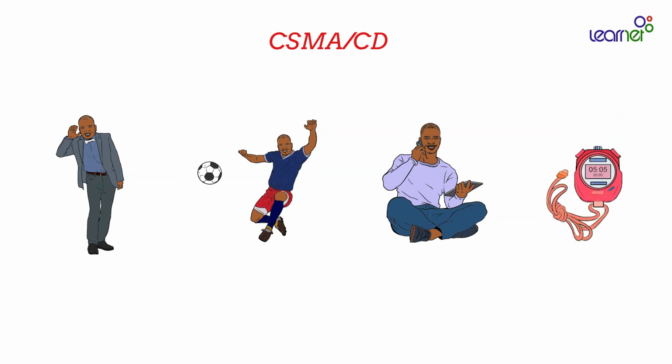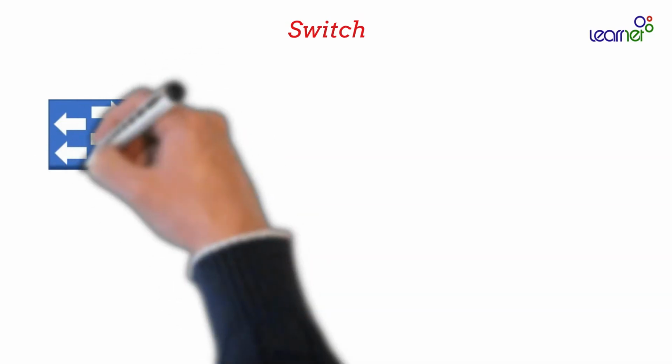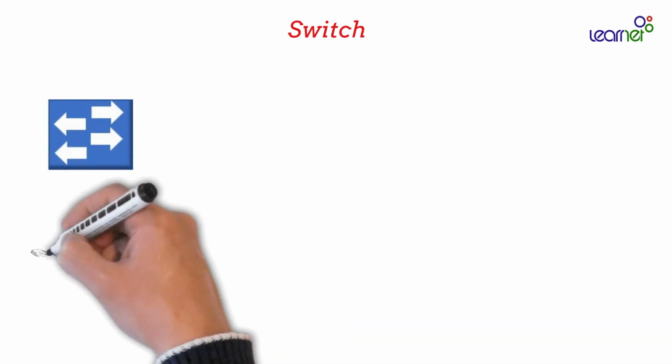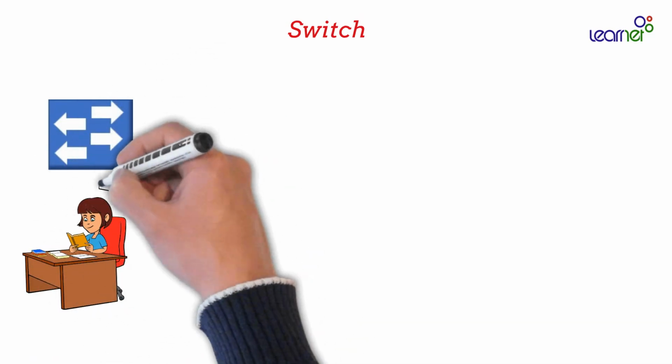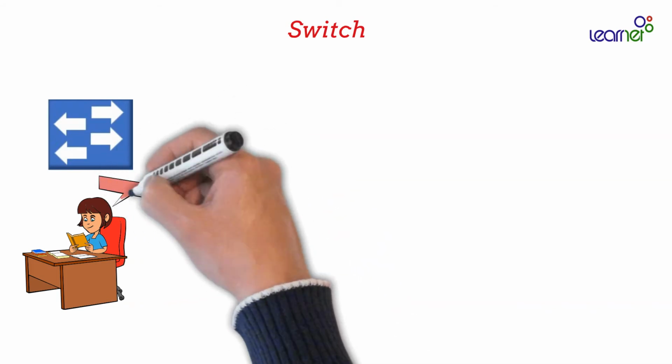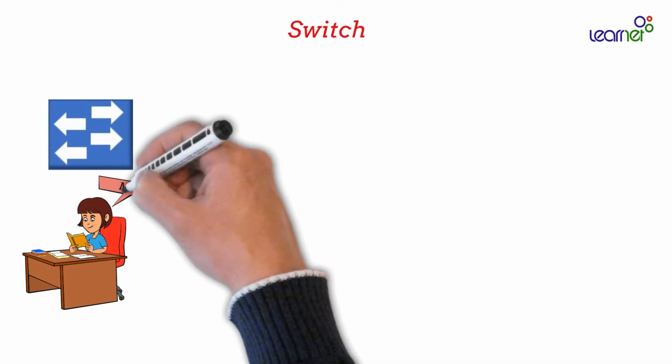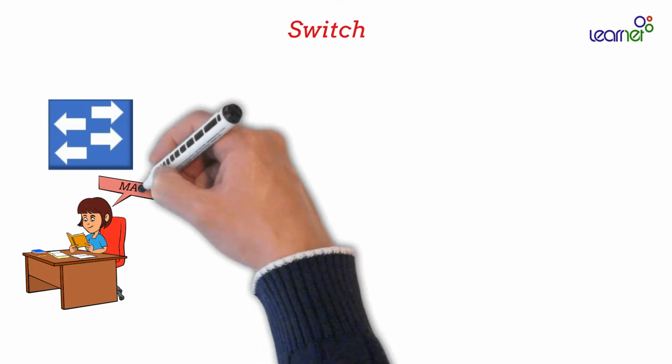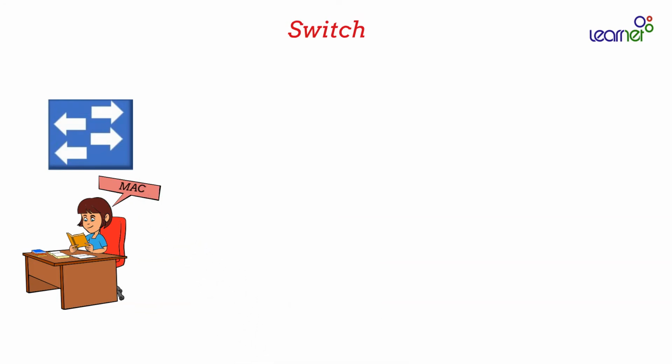The switches brought a higher level of smartness to the networks. Switch is a layer 2 device that makes its decisions based on MAC addresses. This gives us 2 major benefits. First, security.